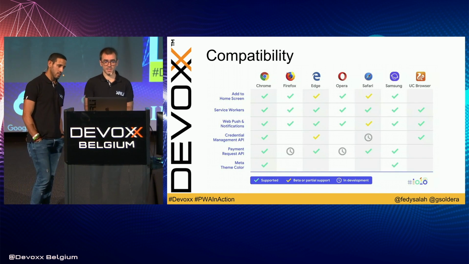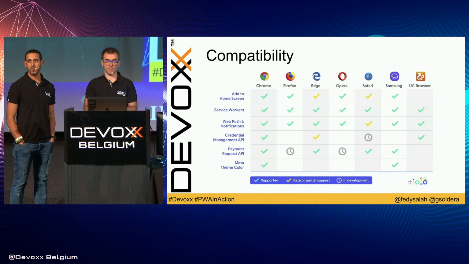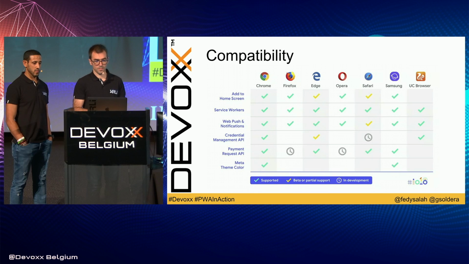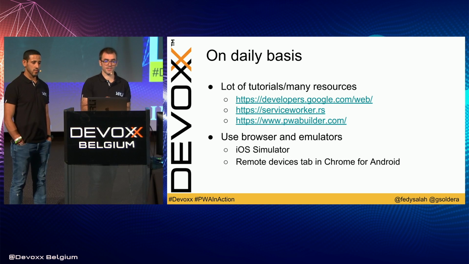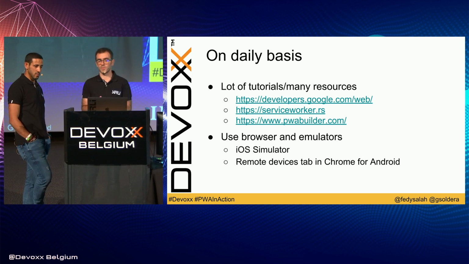In compatibility terms, as I said, all browsers are not equal. Chrome implements everything, okay, but we can see that all the majors are doing the job to implement the features. It's a good point for the future of progressive web apps. On a daily basis, it's easy to build an application.